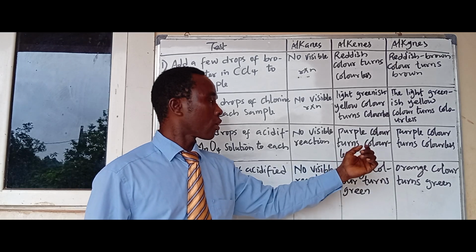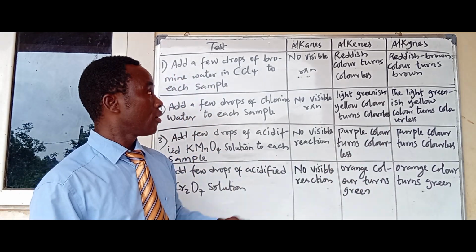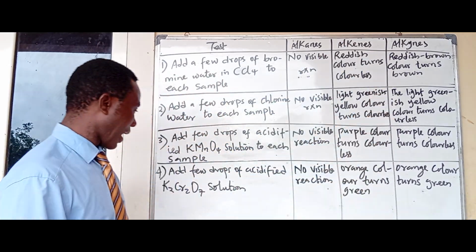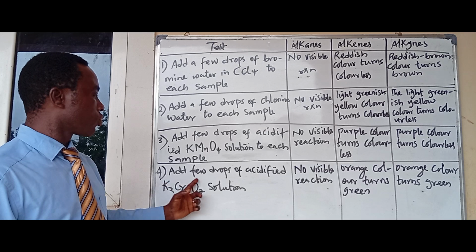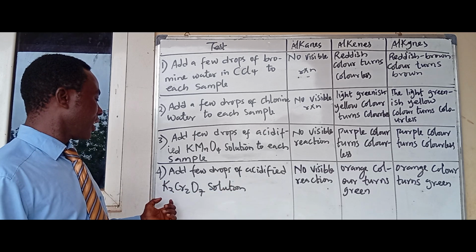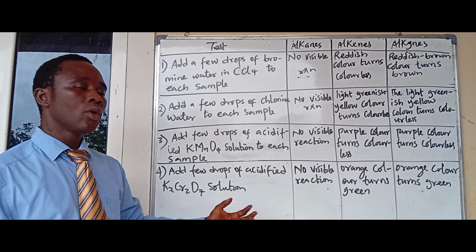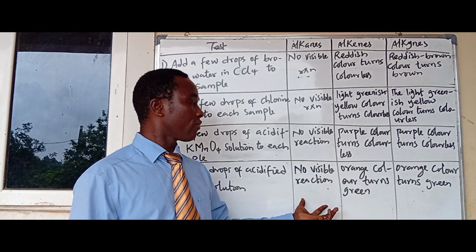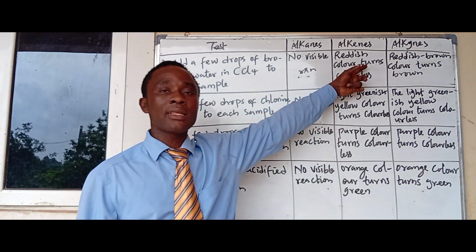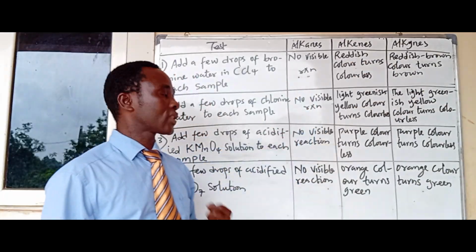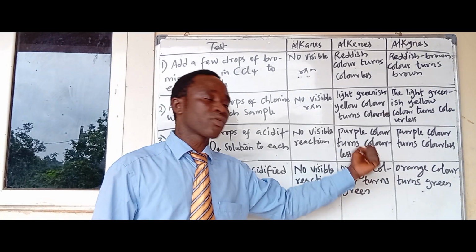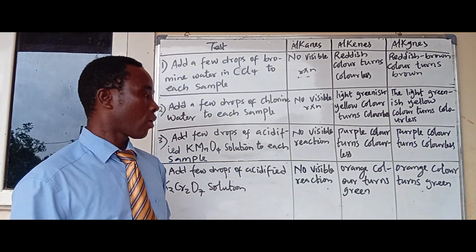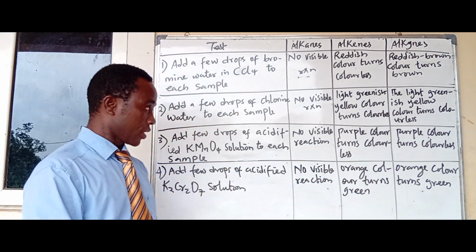Then the purple color turns colorless for alkenes and alkynes. Then if we add a few drops of acidified K2Cr2O7, there will be no visible reaction for alkanes. For alkenes and alkynes that are unsaturated, the color changes from orange to green.